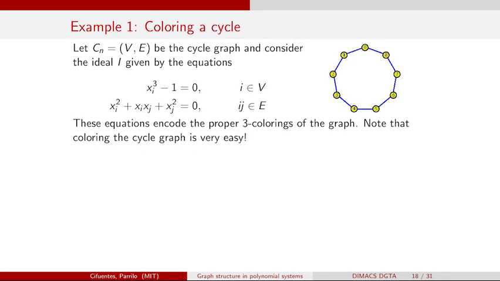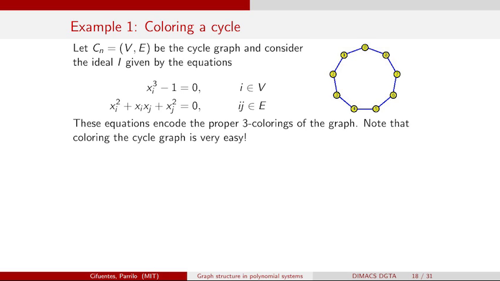What is this system of equations doing? Something very simple. Essentially, instead of coloring with colors, I color them with roots of unity. I will assign to each node a cube root of unity. So the solutions are telling me that I assign to vertex i one of the three roots of unity.